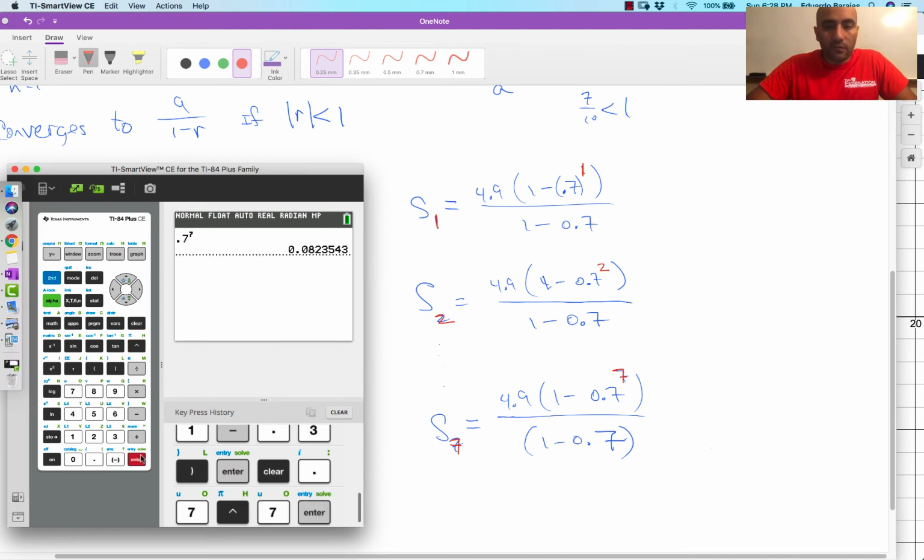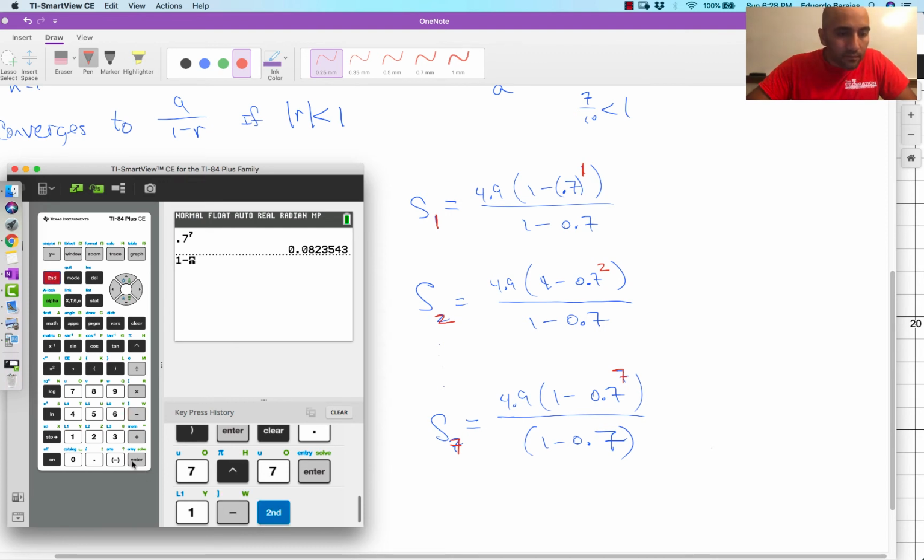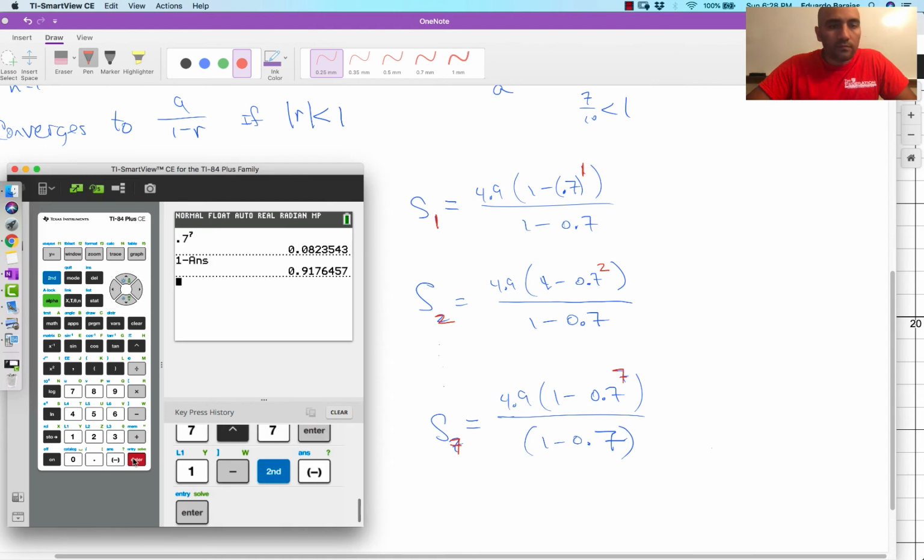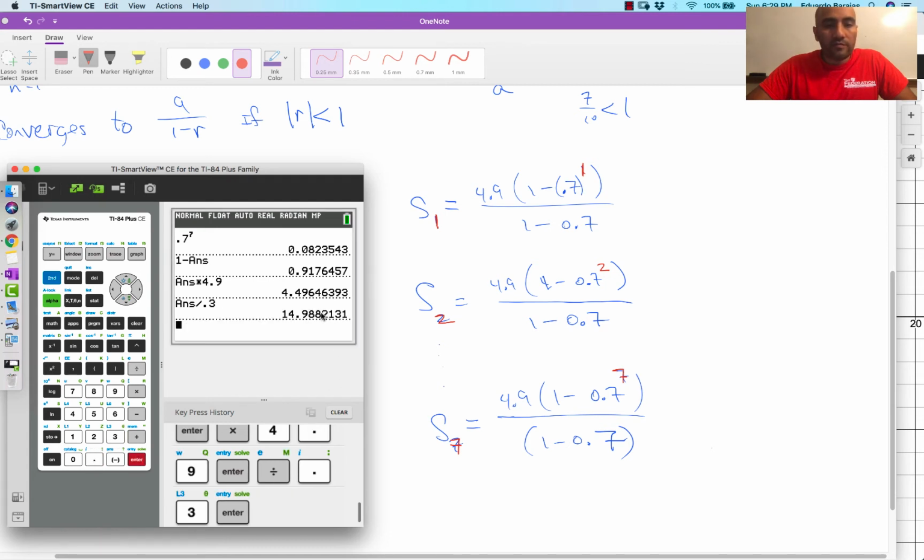I get that. And then it's 1 minus that answer, 1 minus the previous answer. Gives me that. So that should be this part in parentheses. And then we multiply that times 4.9. And we get the numerator. And then that whole thing gets divided by 1 minus 0.7, which is just going to be 0.3.